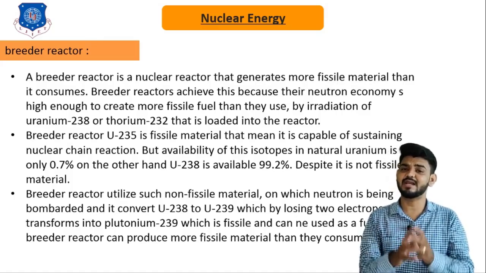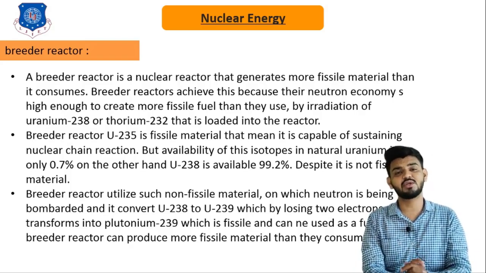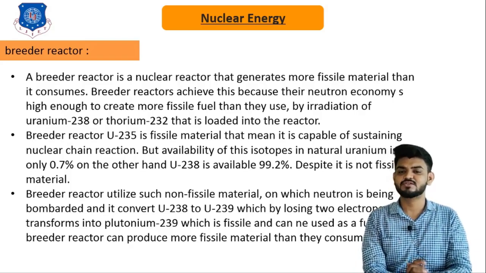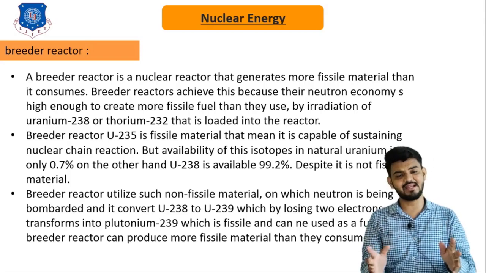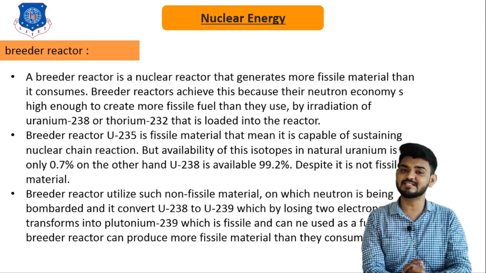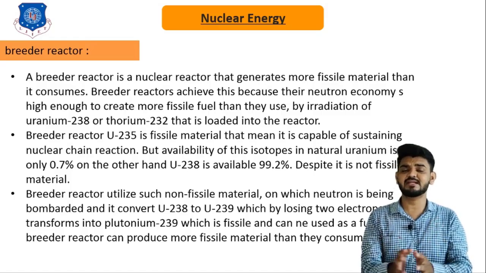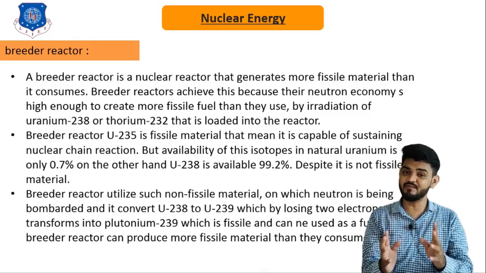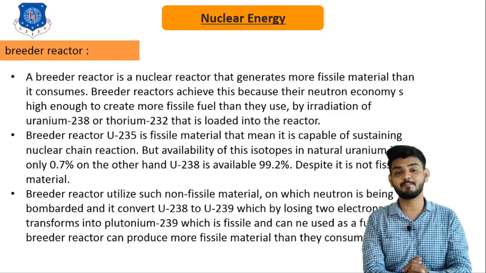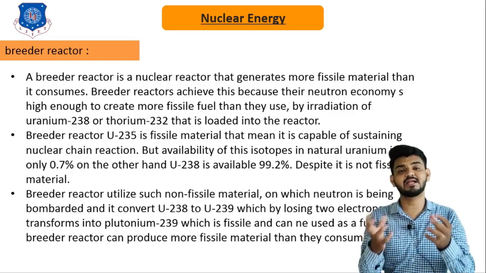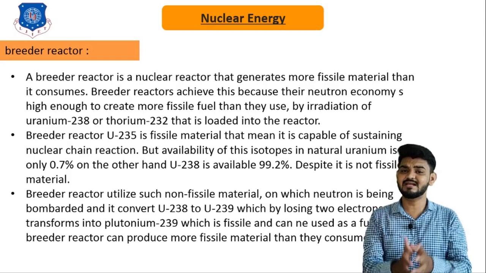This question has been asked for 7 marks in the university exam. A breeder reactor is a nuclear reactor that generates more fissile material than it consumes. So basically it is a special kind of reactor which generates more fissile material than it consumes. So what does it mean?